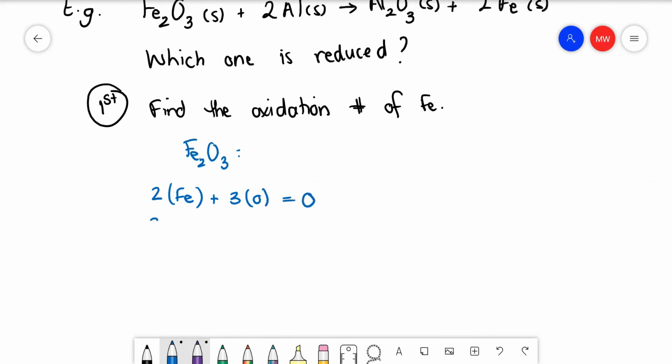The compound is neutral, so it's 0. So there are 2 irons plus 3 oxygens, and oxygen is a -2 charge, gives you a charge of 0. I take it to the other side, and I get 2 irons is +6, so 1 iron will have a charge of +3.